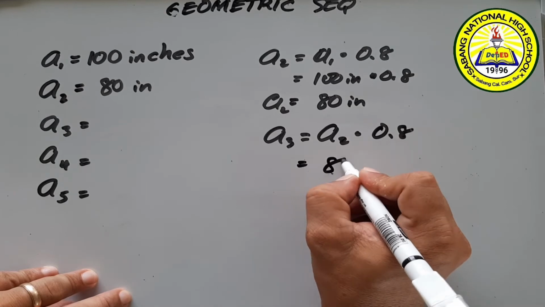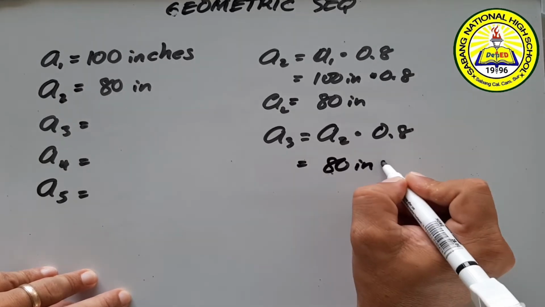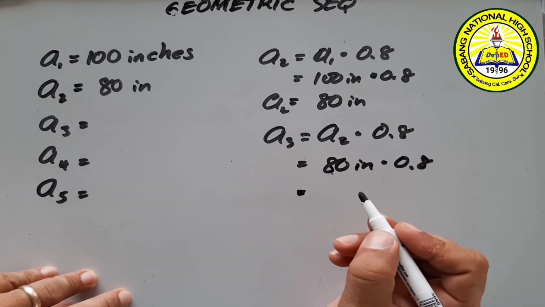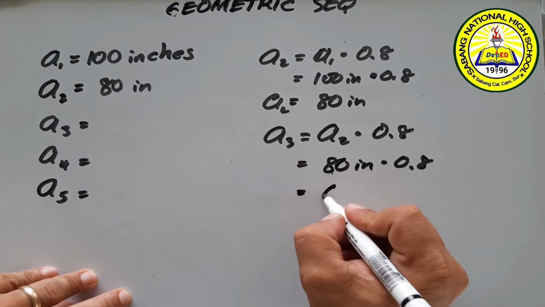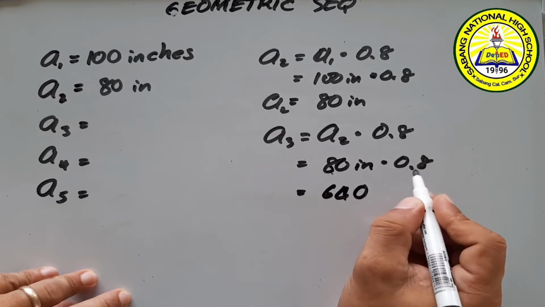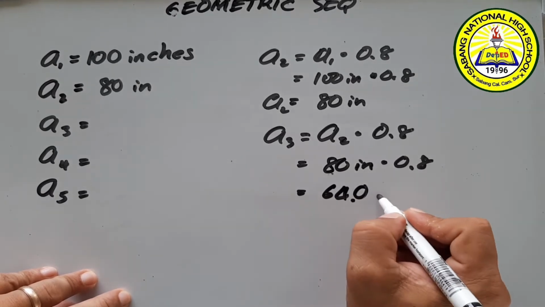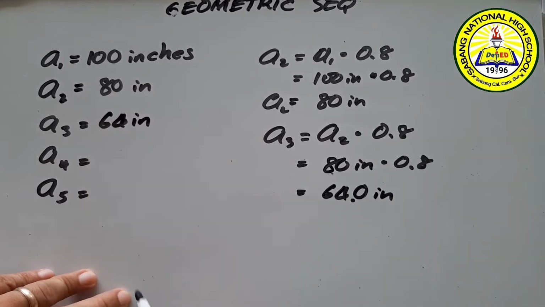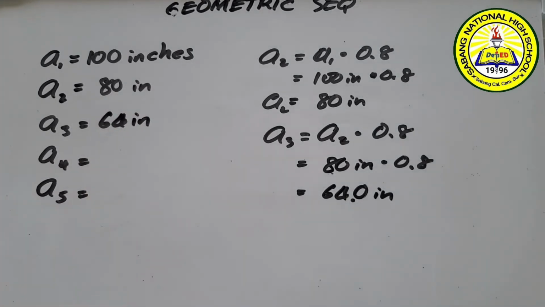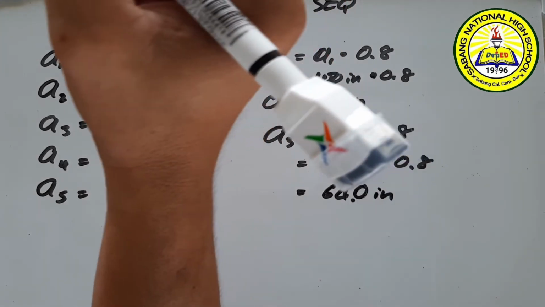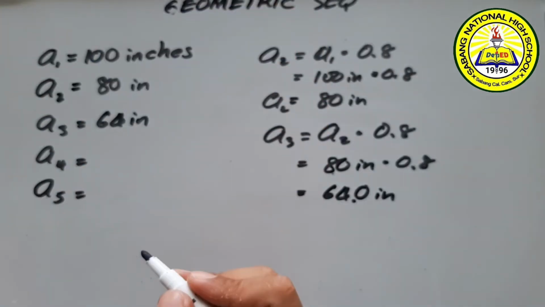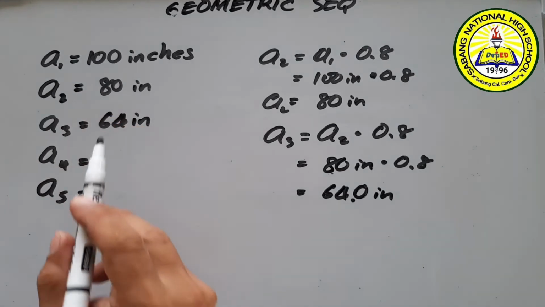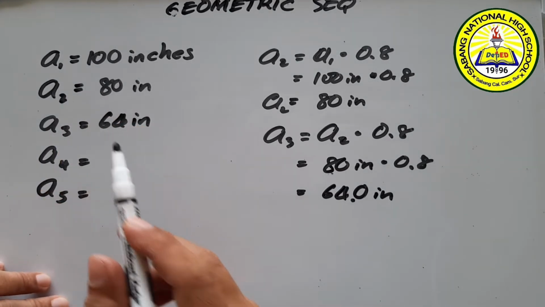A sub 2 is 80 inches times 0.8, that is 64, 0, isang decimal point. So we have 64 inches on the second bounce. Second bounce because 100 is the initial height. First bounce is 80, second bounce is 64.